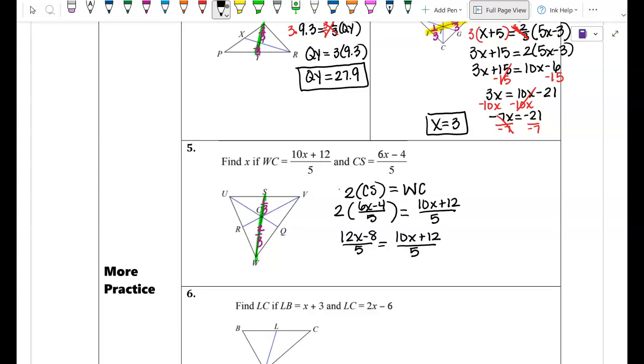Now, luckily, they're both using the same denominator, so in order to clear that, I can multiply both sides by 5, and that's going to clear out those denominators. So really what I'm solving is 12x minus 8 equals 10x plus 12.